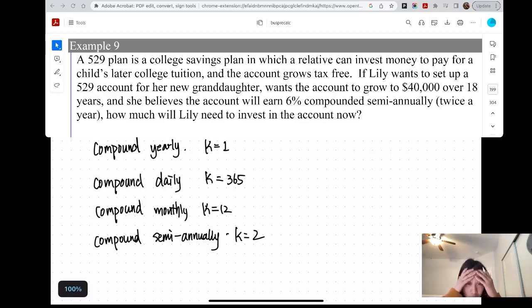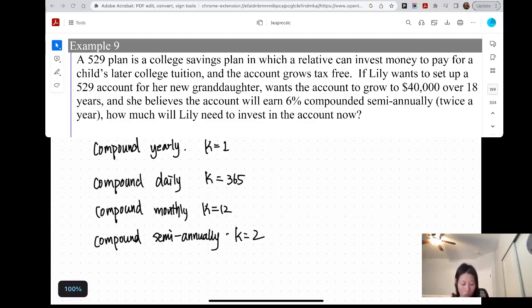When you look at the question, first you need to notice what they want to ask. They want to know how much Lily needs to invest in the account now. That is equivalent to asking what initial amount Lily needs in order to grow to $40,000 after 18 years.